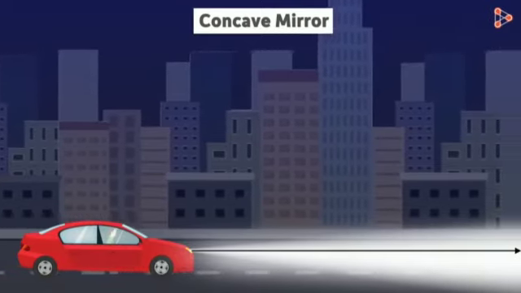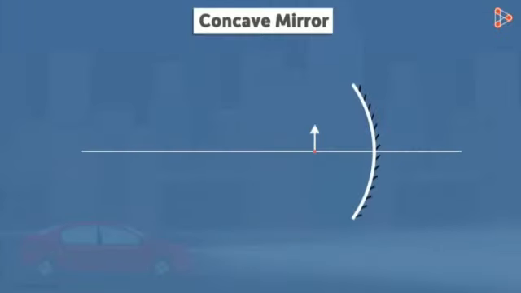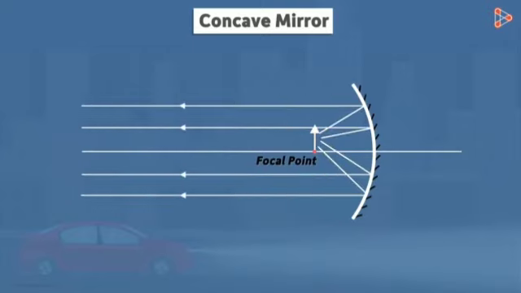We know that when the object is kept at the focal point, the light rays from the object after reflection travel parallel to the principal axis for a long distance.